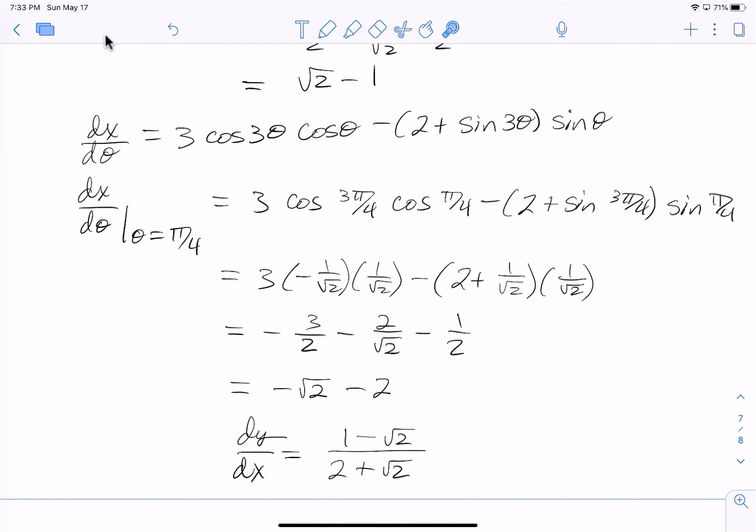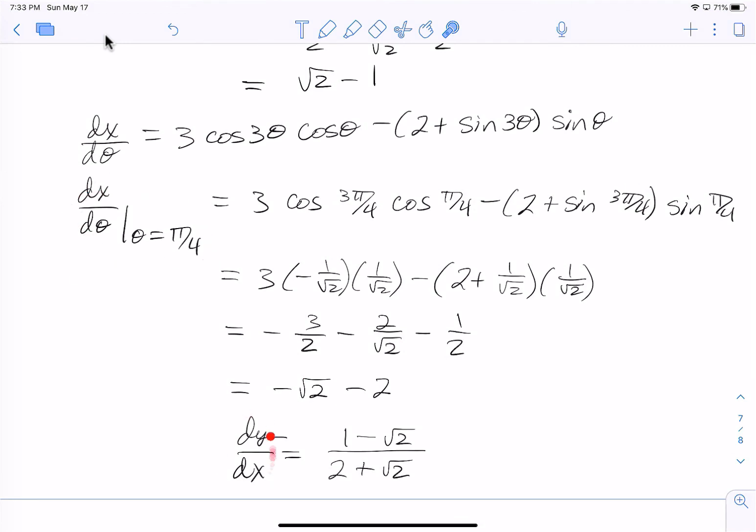Don't forget, though, that there's a minus between the two terms. We end up with negative 3 halves minus the square root of 2 over, minus 2 over the square root of 2, minus 1 half. Same thing with this 2 over the square root of 2. We end up with negative 2 minus the square root of 2, if you will, for dx/dθ evaluated at theta equals pi over 4.